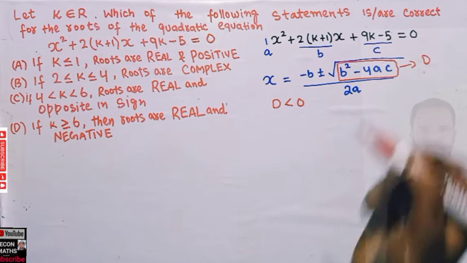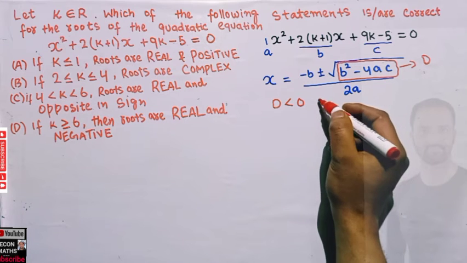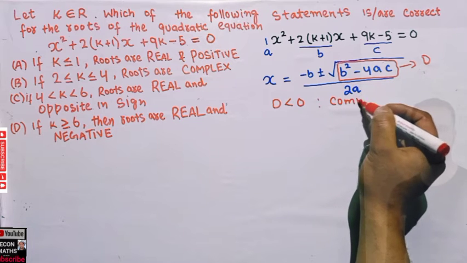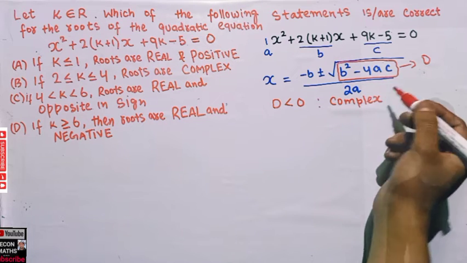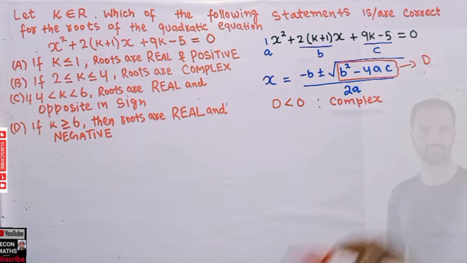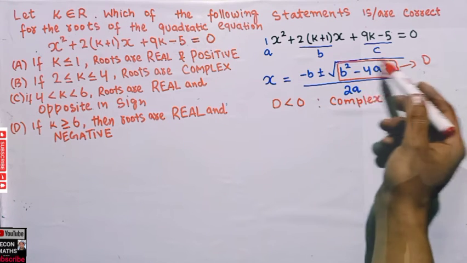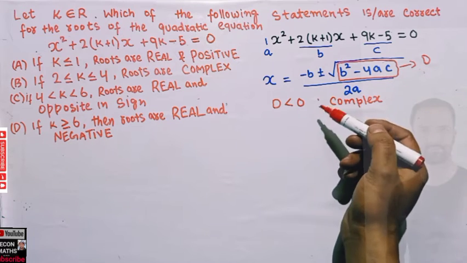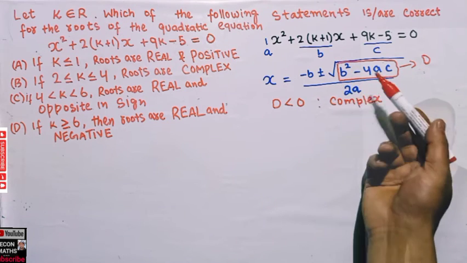If this comes out to be less than 0, in that case we have complex roots. The brother has asked me to explain, so I am just explaining it also. If these terms are less than 0, then we will have roots that are complex in nature.